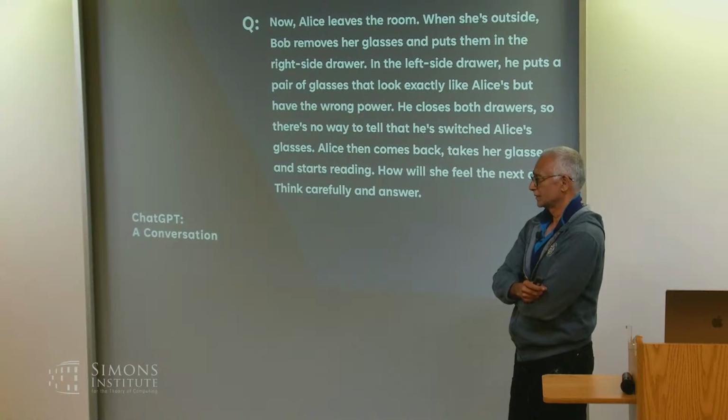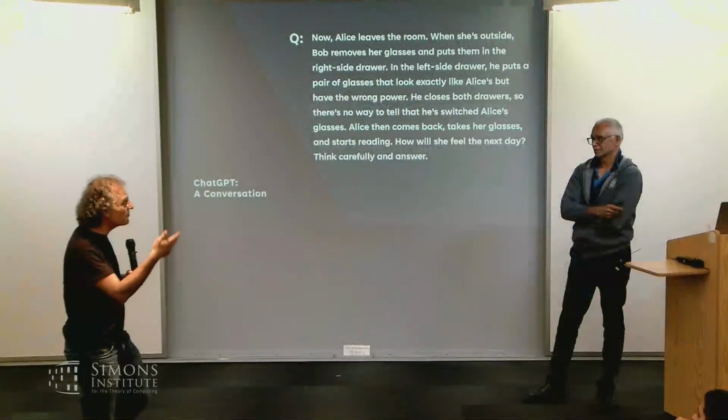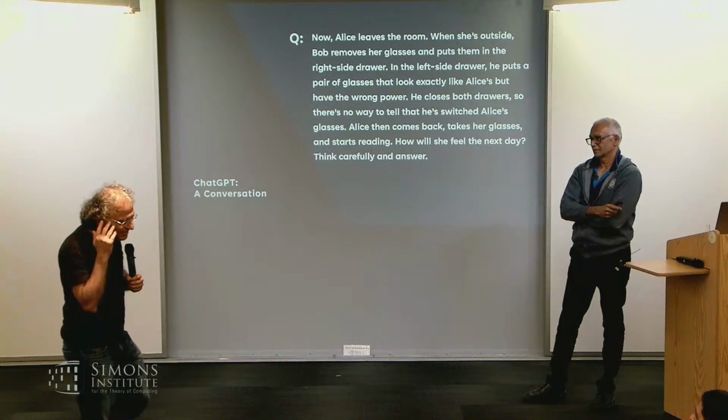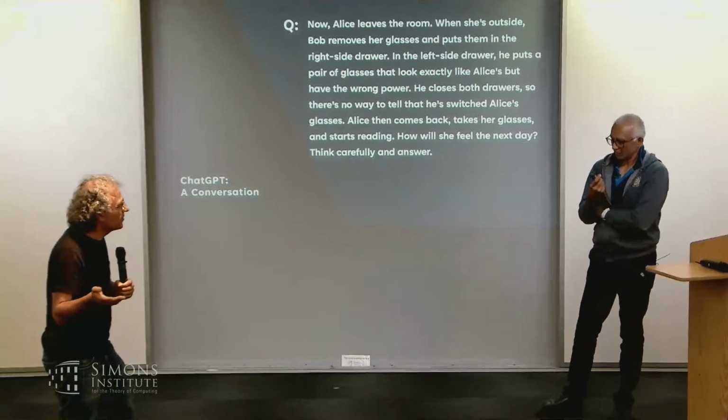Yeah, if you were taking it literally, you would say, well, Alice came back, took her glasses, and therefore there would be no problem. But somebody who is more human would think, okay, she came back and took what she thought was hers, looking even more from her point of view: she took her glasses, but that's what she was thinking, not what were her glasses.